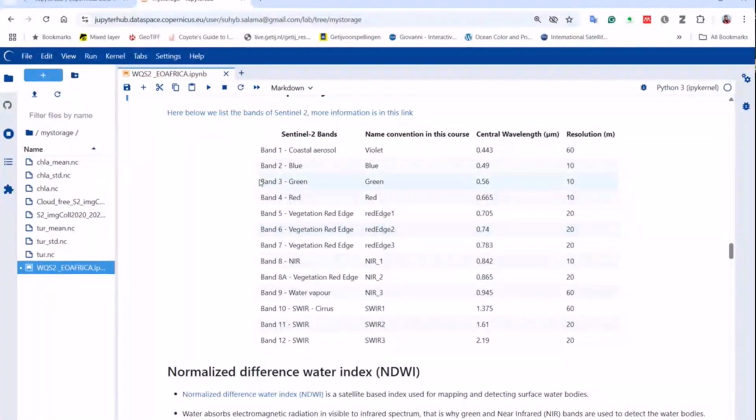So for instance, band 1 is better to detect coastal aerosol. Band 9 is focused on the water vapor absorption, which is at 945 nanometer. And also to remind me that those bands are at different spatial resolution.